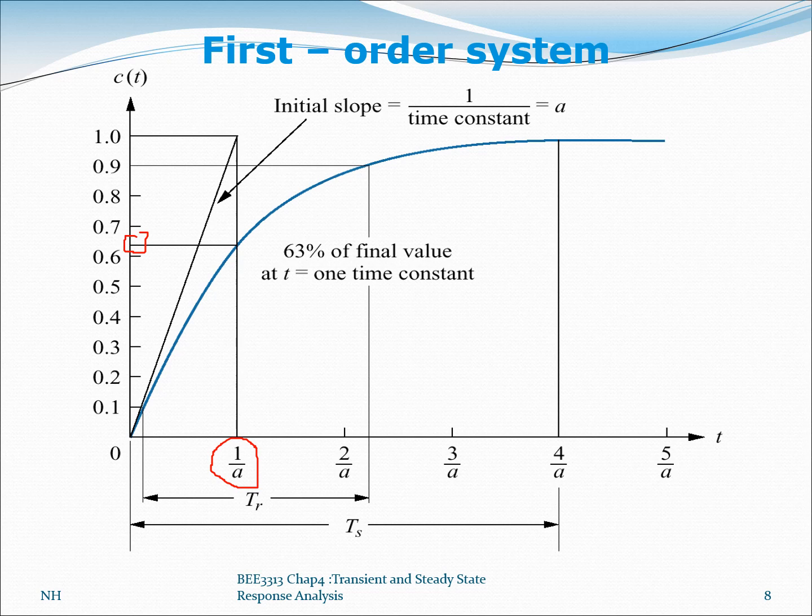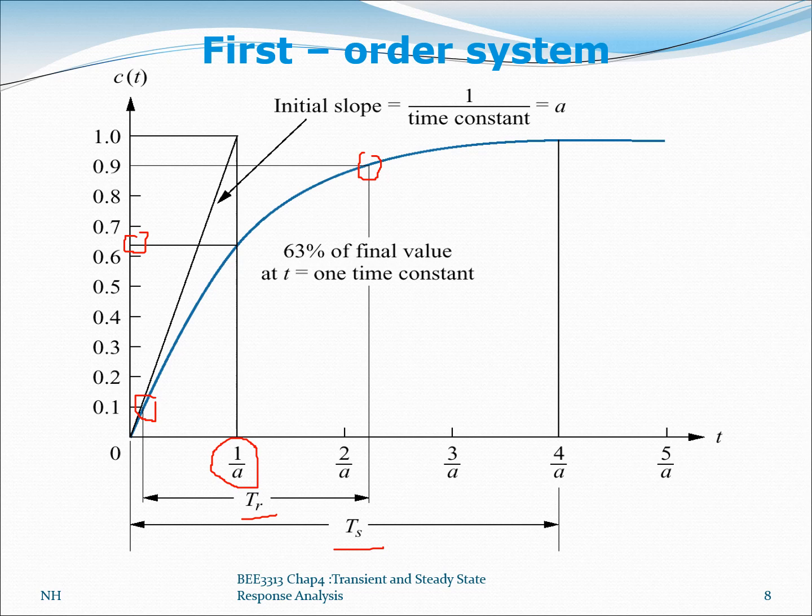Right. Besides that, we also have Tr and Ts. So what is Tr? Tr is the rise time, which is measured from 10% of the final value to 90% of the final value.